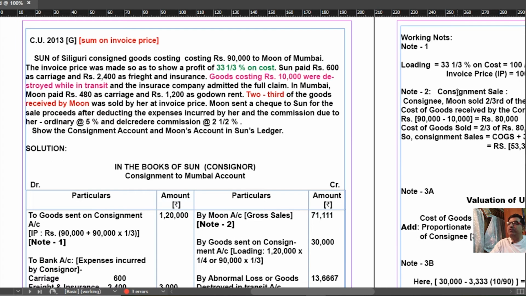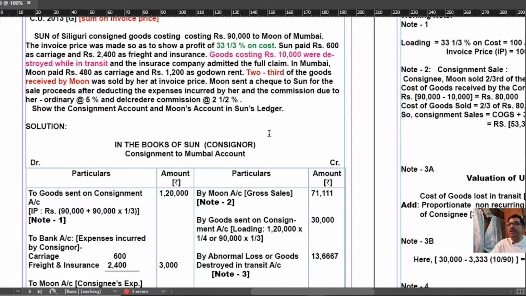Now come to the solution for the first line. Goods sent on consignment, you can see easily, at the IP, that means invoice price: 90,000 cost price, and 90,000 into 1/3.